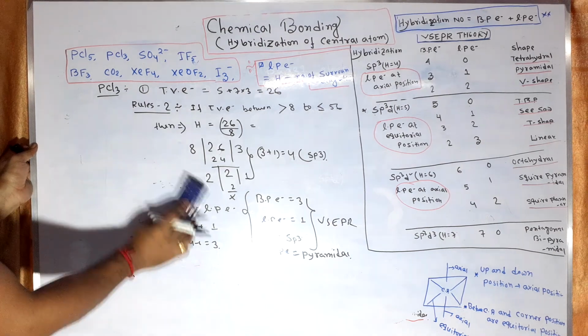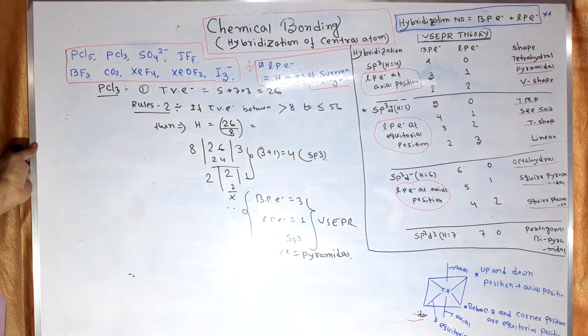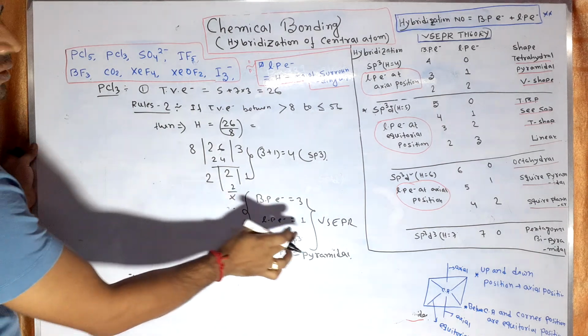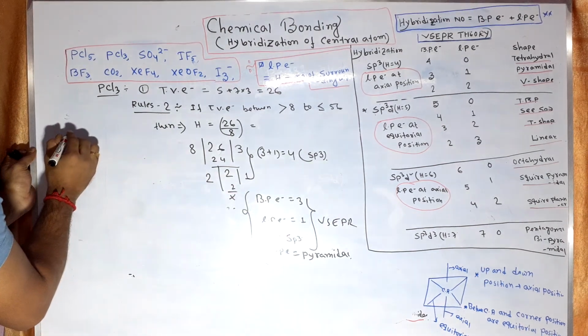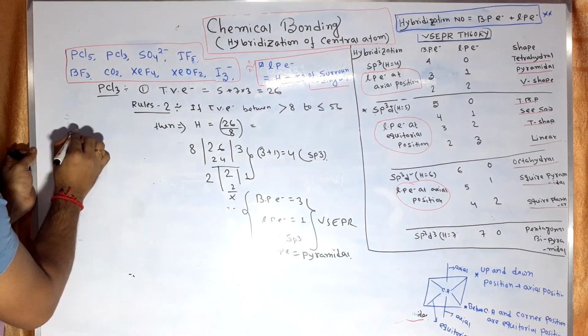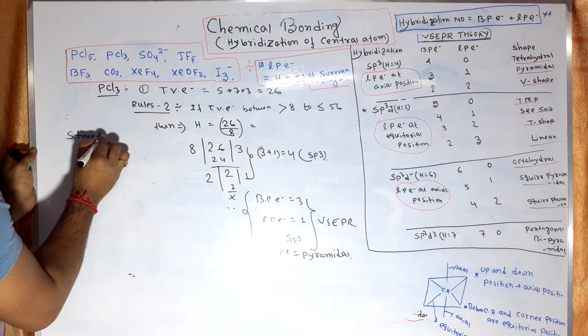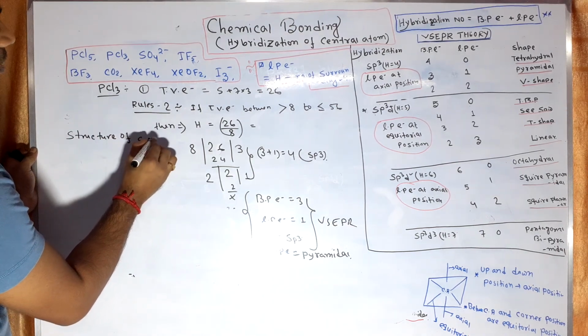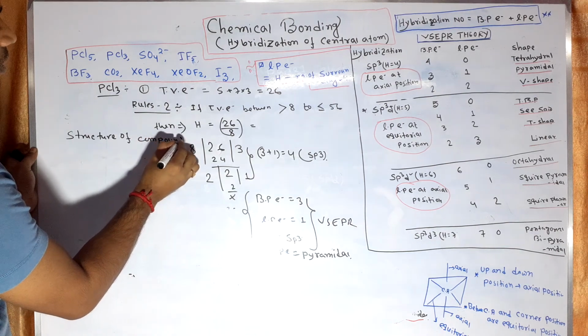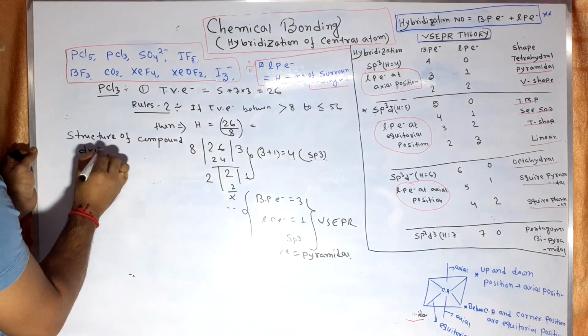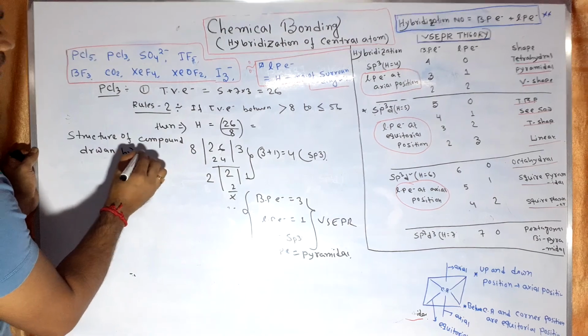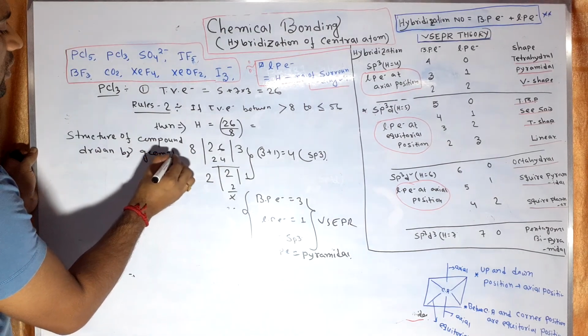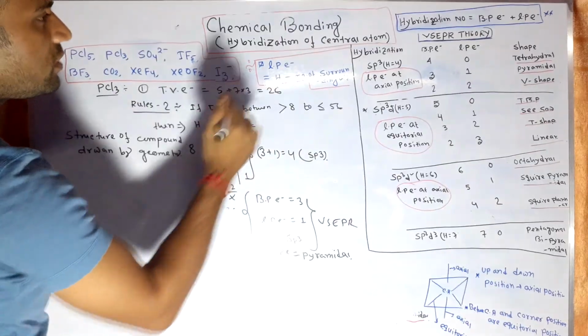So the pyramidal shape structure for PCl3: the structure is always drawn from the geometrical structure. The structure of a compound is drawn by its geometry. What is the geometry? Tetrahedral. sp3 geometry is tetrahedral.